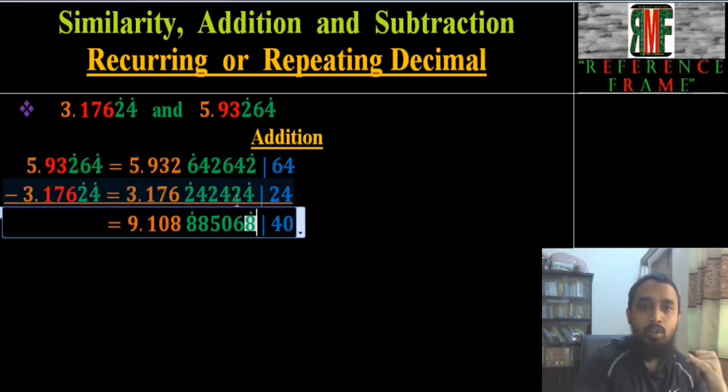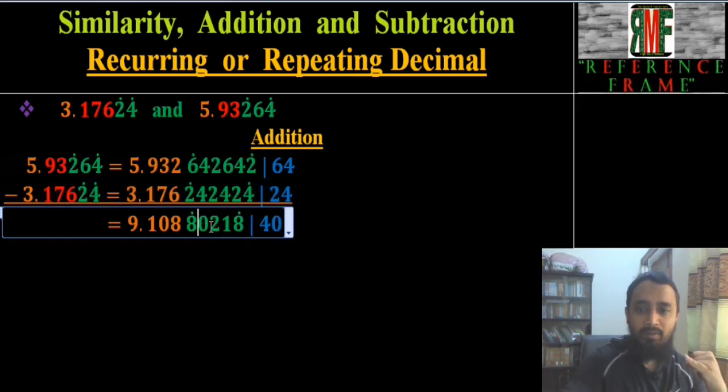So 2 plus 1 is 3, 3 from 4 is 1, just the normal subtraction. Now 4 from 6 is going to be 2, 2 from 2 becomes 0, 4 from 4 becomes 0.